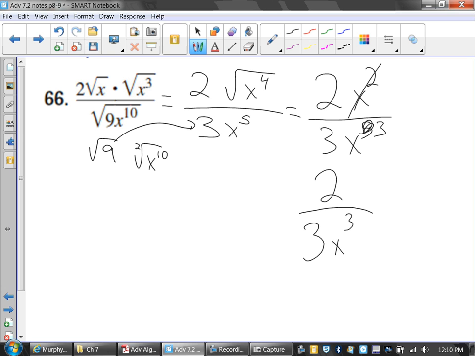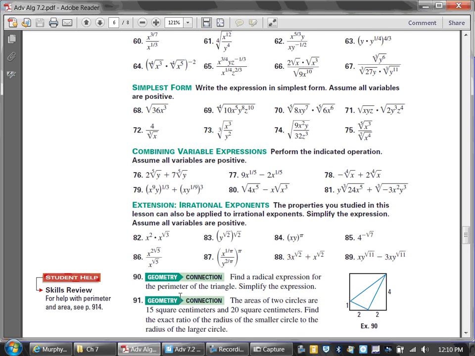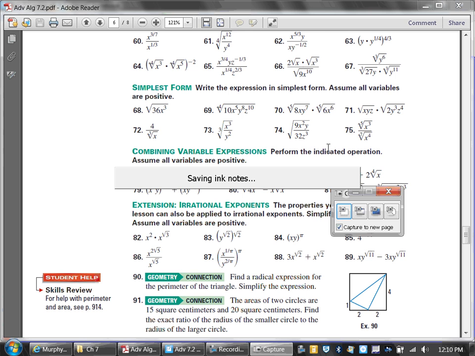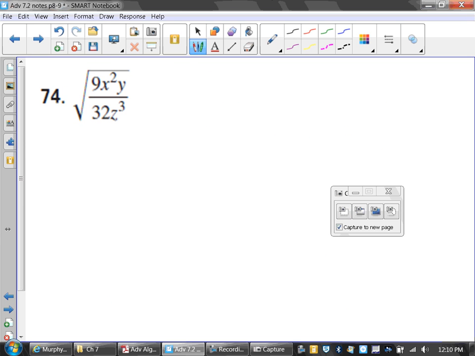Okay. What else, guys? 74. Same idea. What I'm going to do here is split up the numerator and denominator, take care of them separately.